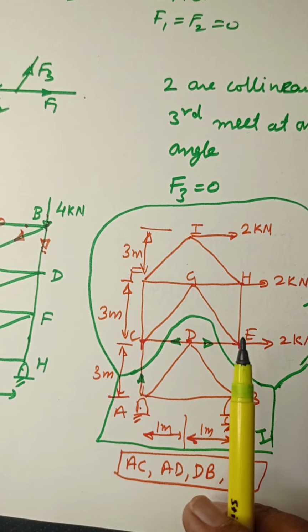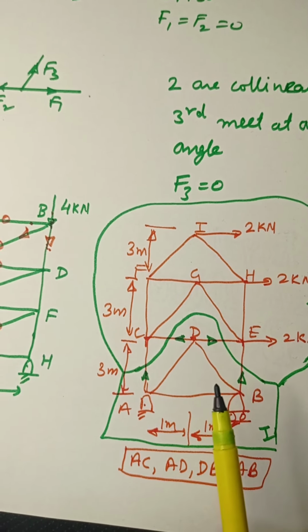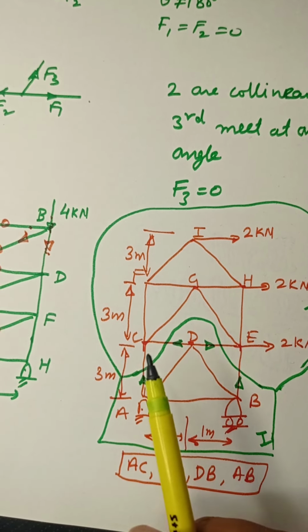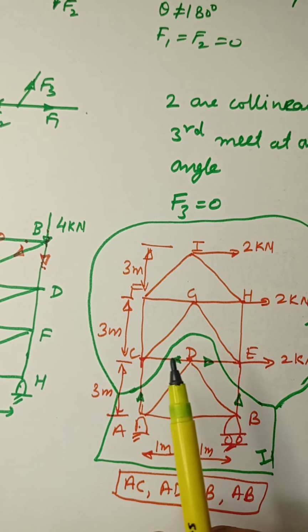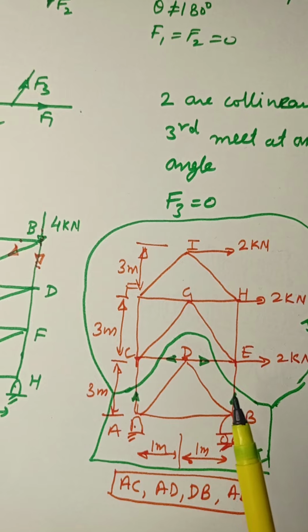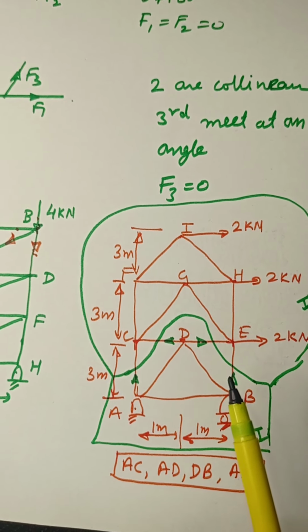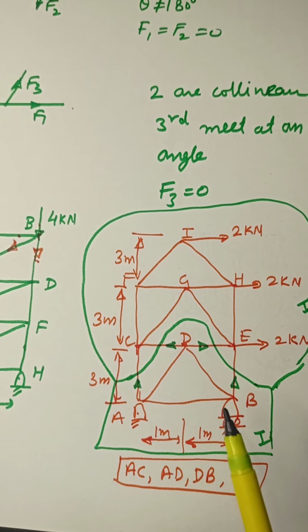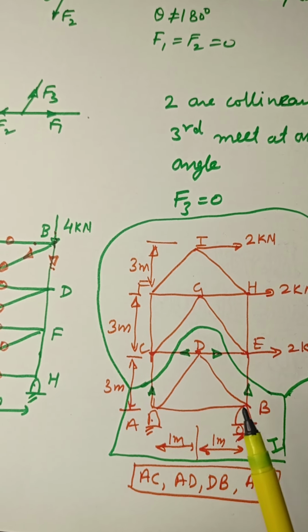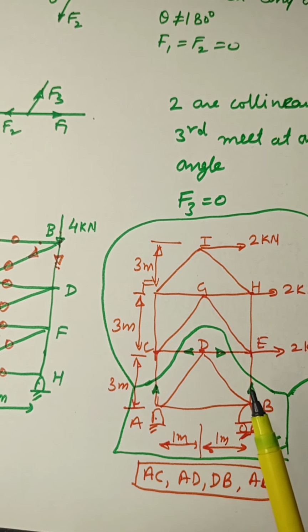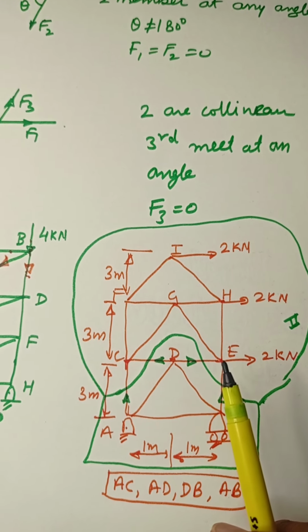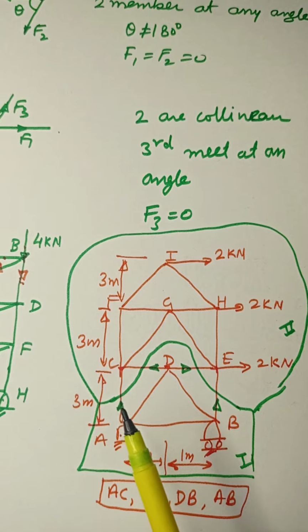Once you have got this value, then you take moment about E. The moment of these two forces will become 0, and you will get only one unknown in the equation. You must have calculated the reactions, so you will get this unknown. Second time, you take moment about point E and solve it, so you will get this force.